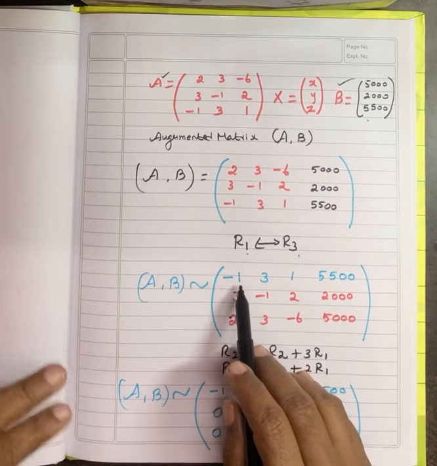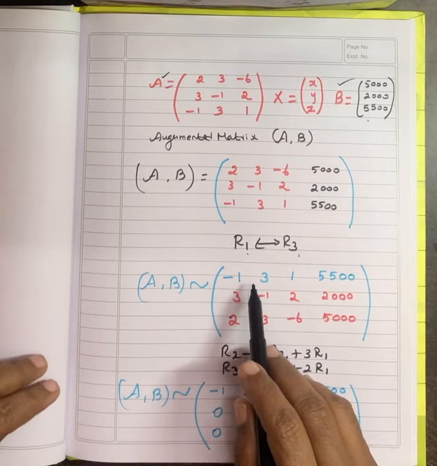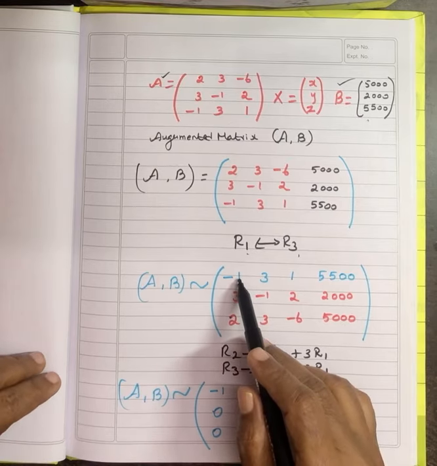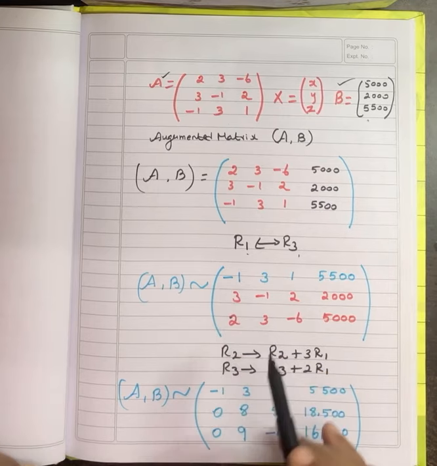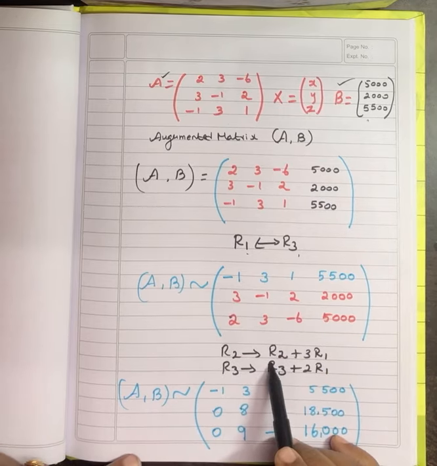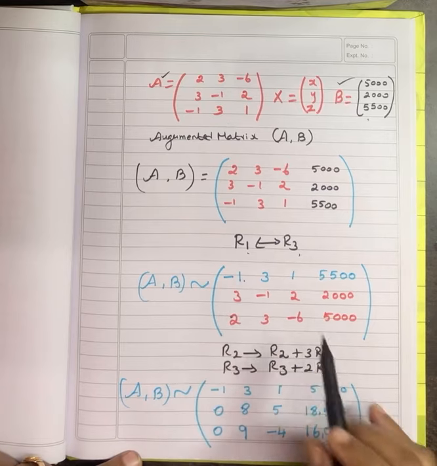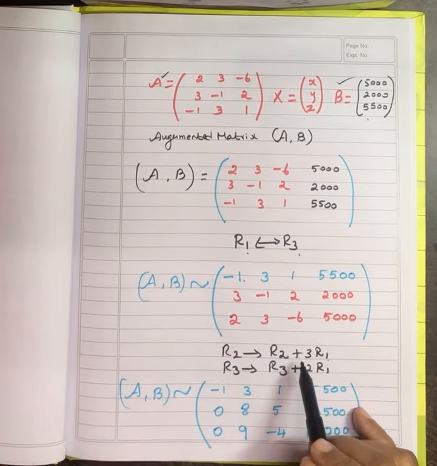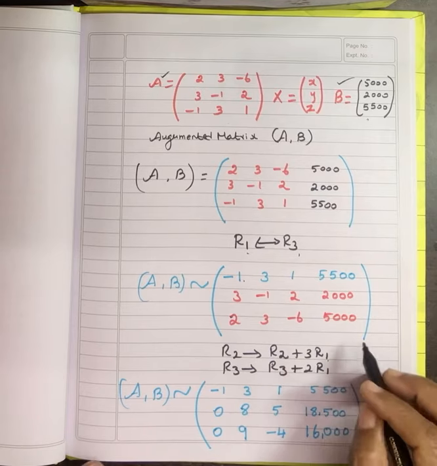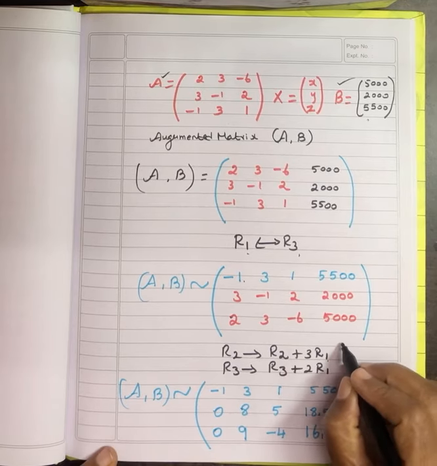Now we keep as minus 1 itself. So what we have to do, we want 3 here. If we have minus 3, if we add with the second row, it will become 0. So for R2, I want 3 here, so R1 into 3. Different sign, so we add. So let us check R2.